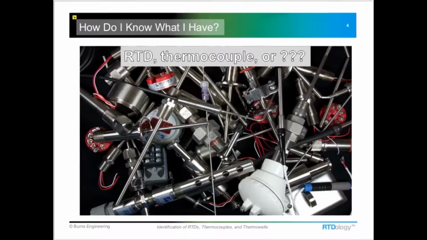And it may be the first time that this person has ever had to look at a temperature probe and try to identify what it is. That's what we've geared this whole presentation around, and hopefully that's what everybody's looking for. If you need something more in depth, feel free to plug something into the Q&A or the chat box, and we can ad lib as we go here too.